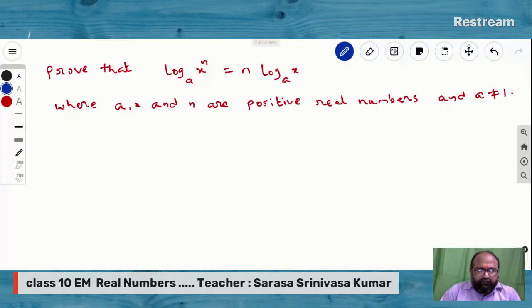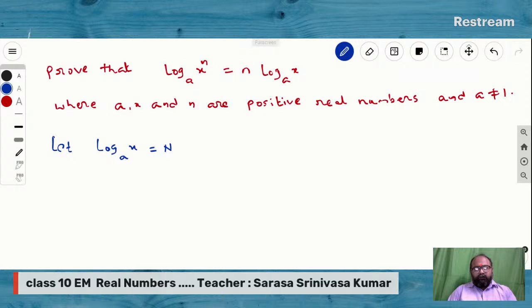Now let us suppose that log x to the base a equals n.